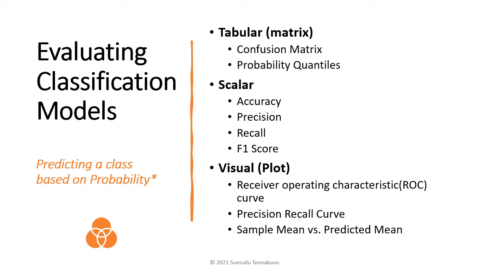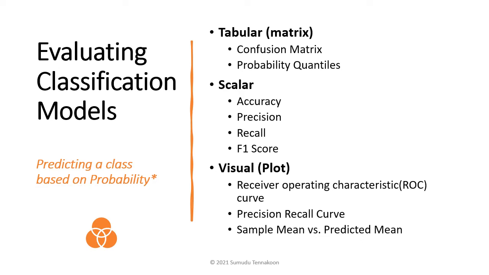So I can group the methods into three based on the similarity of the metrics we will be using. We can use tabular methods such as the confusion matrix and probability quantile table. We can get scalar values from the differences between ground truth, or the actual, versus prediction, which are accuracy, precision, recall, and F1 score, like we saw in the previous slide.